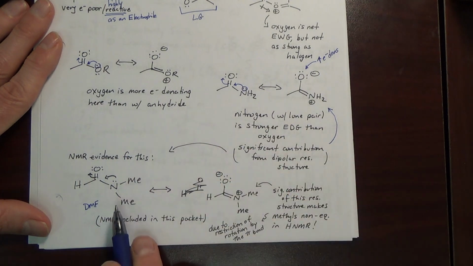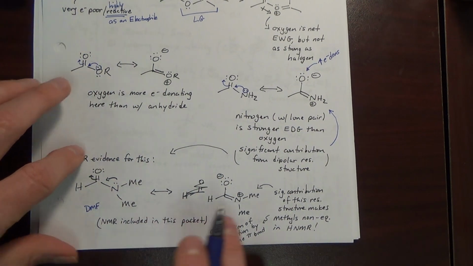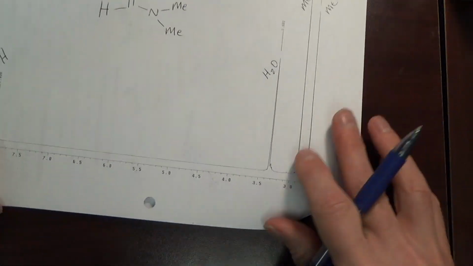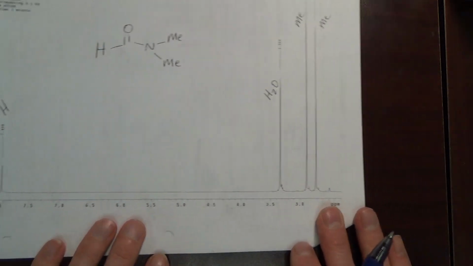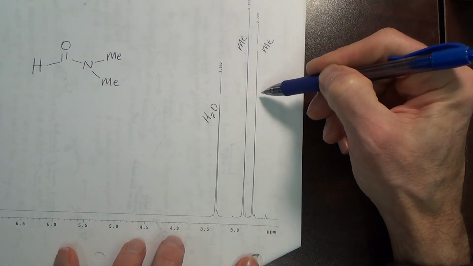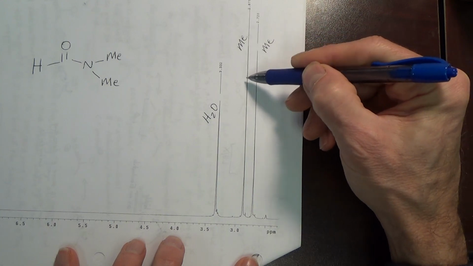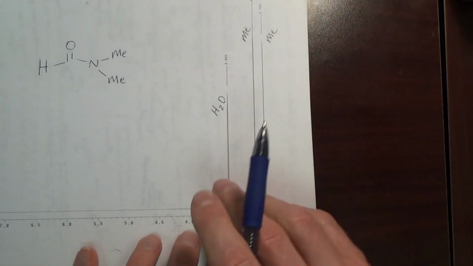All right, so are they equivalent or not? Well, we can actually look at the NMR of DMF, and if you do that, you will find that the methyls give different signals. They are not equivalent. They both are singlets, but it's two different singlets.